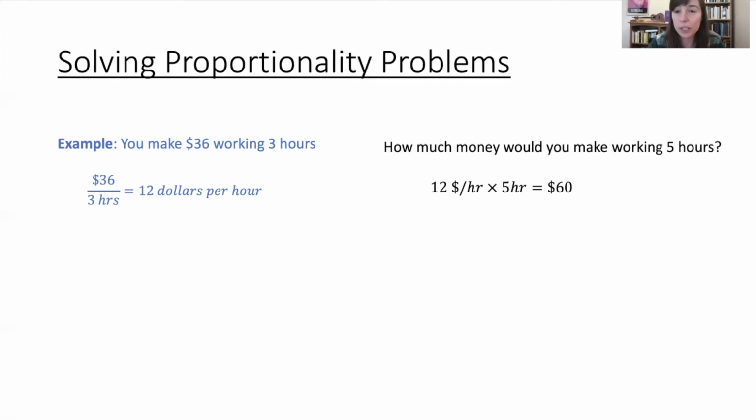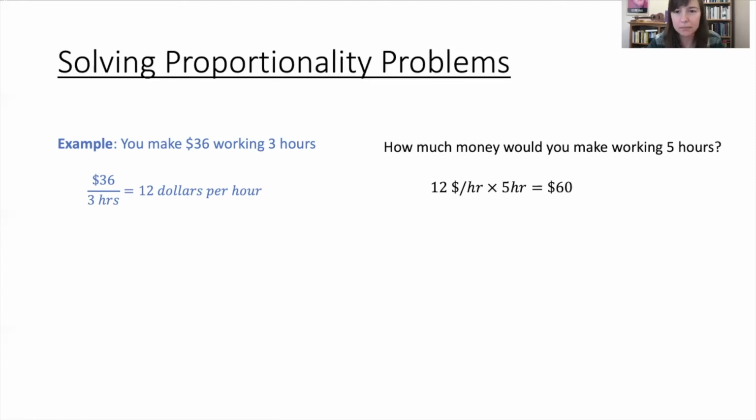And if you're not sure about what to multiply by what, you can always look at the units and say, all right, I want to cancel hours, so I'm canceling my units. So that's how I get to 60.